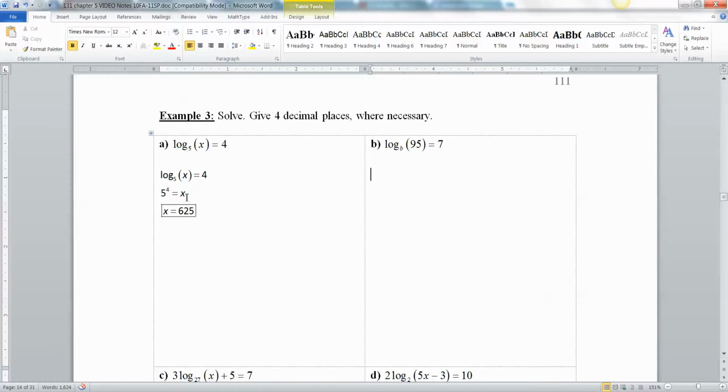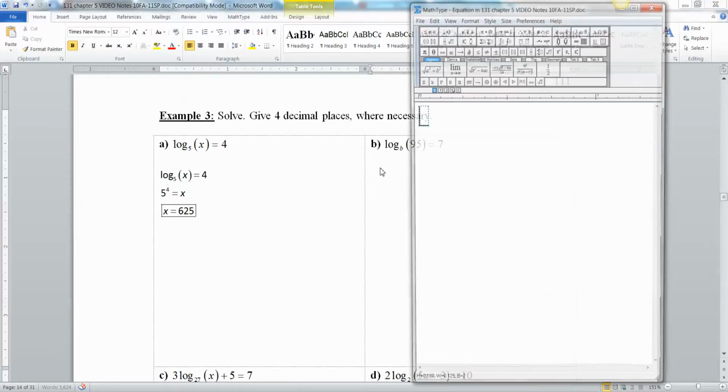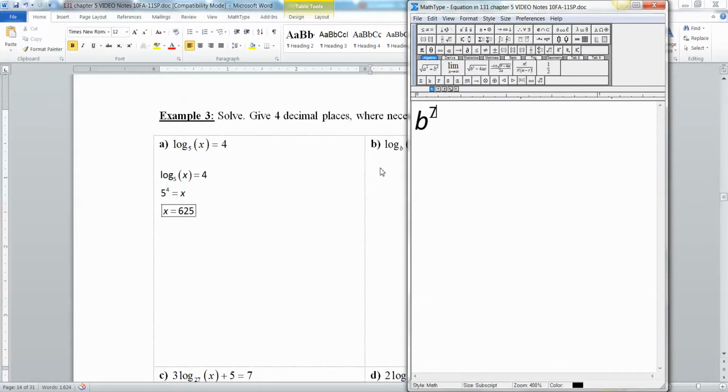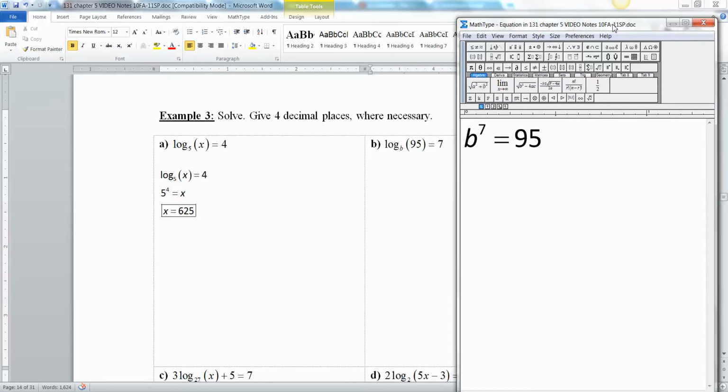All right, now this one's going to be a little bit more work. So this is going to be b to the 7 is equal to 95. Now we want to get b by itself. So remember what we have to do here. We're going to have to raise both sides to the 1/7 power, because you basically want to get rid of the 7th power over here, right?